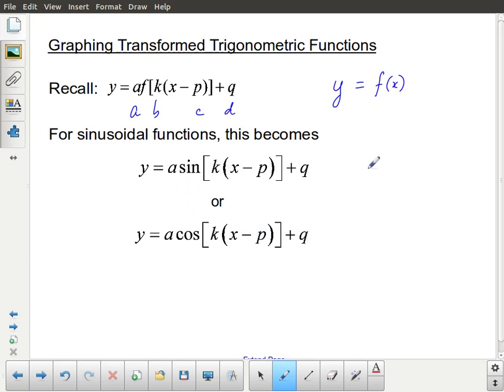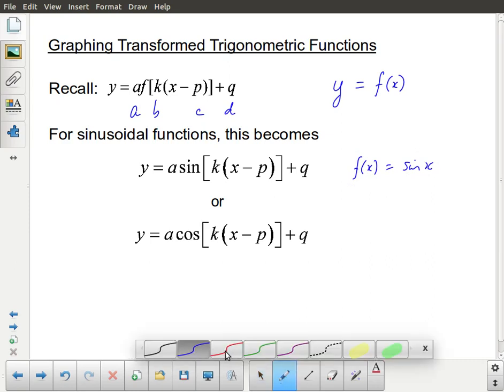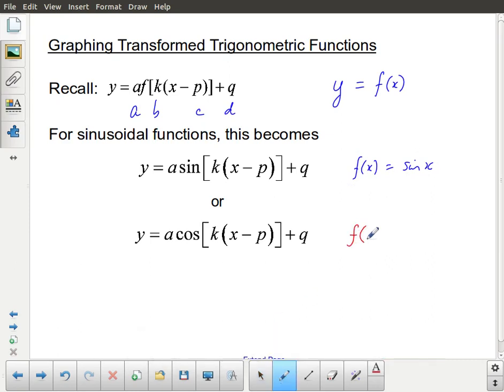The important part here is to remember that our function, in this case f of x, can be equal to the sine of x. F of x is sine of x. But we can also have our function f of x be equal to the cosine of x.